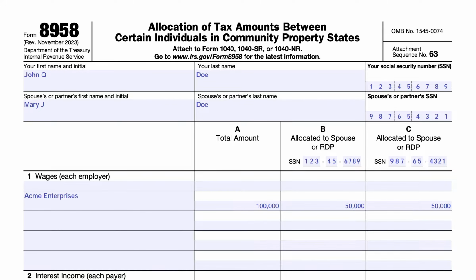But then there are other situations in which a separate item might be recognized because it's part of separately held property, or it's allocated to a specific spouse or partner for a separate reason. So we won't dive too deep into community property tax treatment.